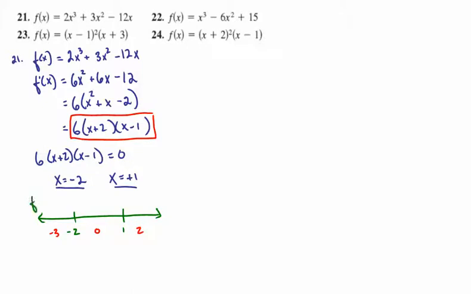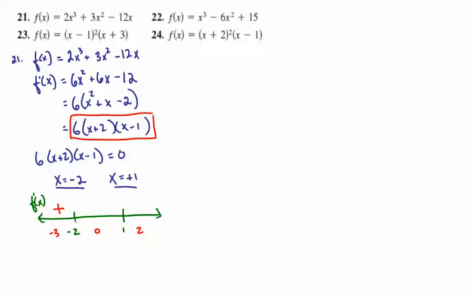I remind myself that I'm working with the first derivative. And I'm going to plug in now into the factored form, and you'll see how easy that is. Plug in negative 3. The first term will be negative. The second term will be negative. Negative times negative is positive. And so I have positive on this interval.